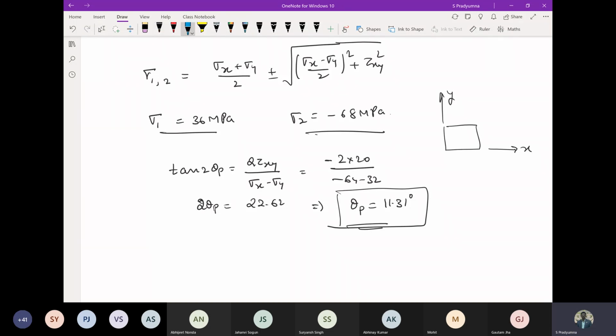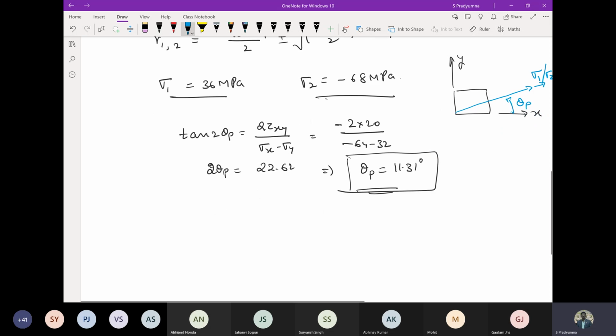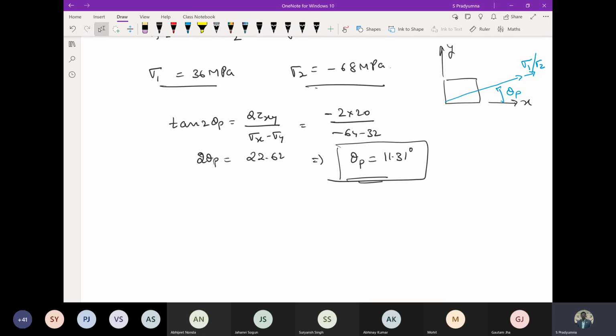If I rotate this x-axis like this, along this line I get some value. So do I get sigma 1 or sigma 2? This is the question. Can you answer this?